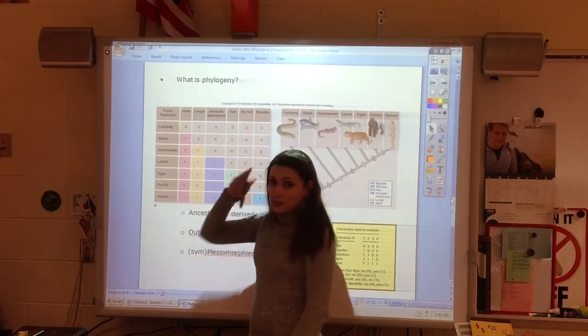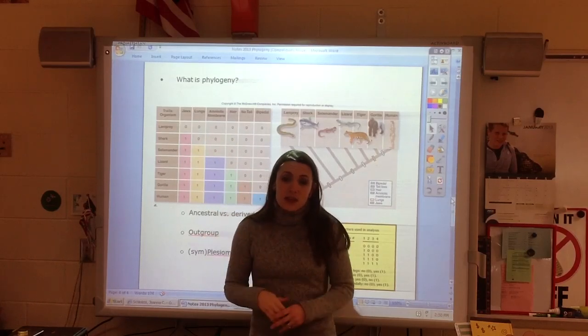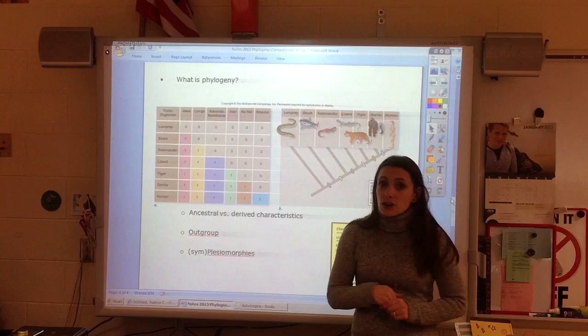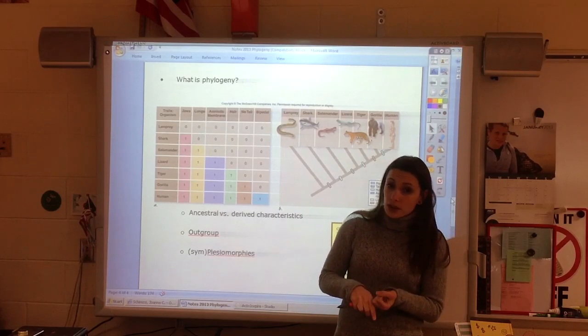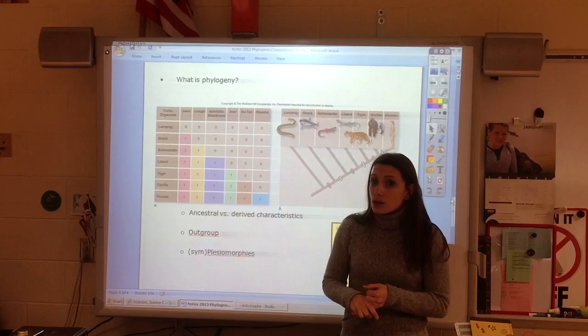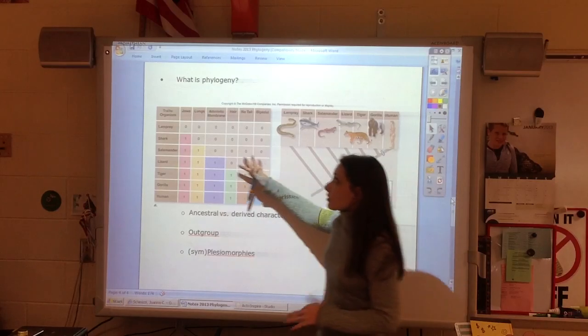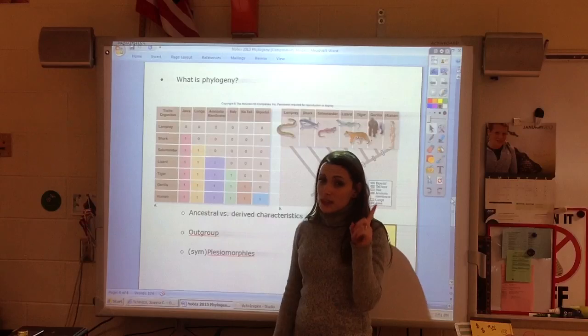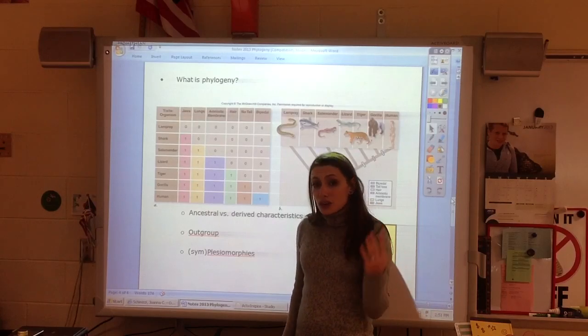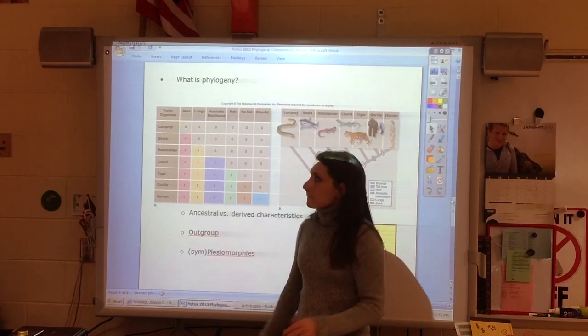These characteristics are still all anatomy-based. The best phylogenetic trees are going to be based on DNA or amino acid sequence similarities or differences. But we can still create phylogenetic trees based on physical characteristics, just keeping in mind that they could be misleading.